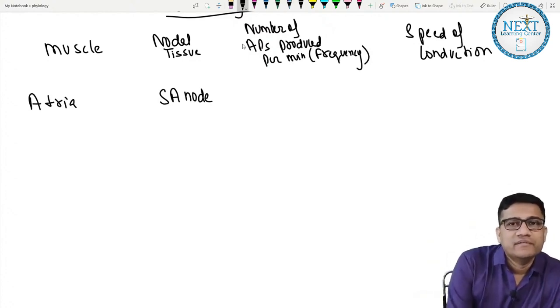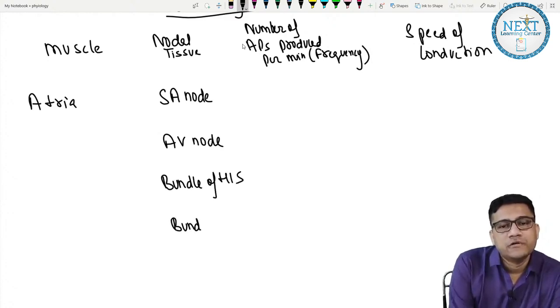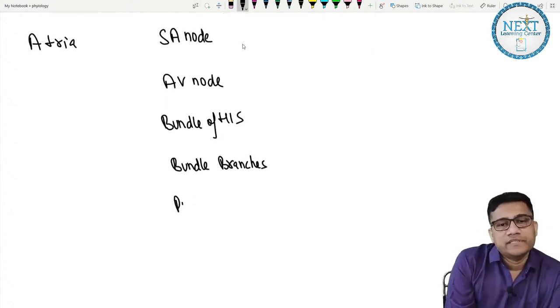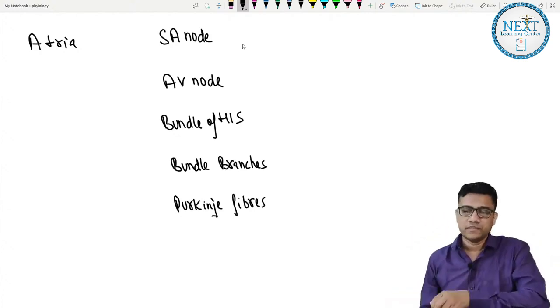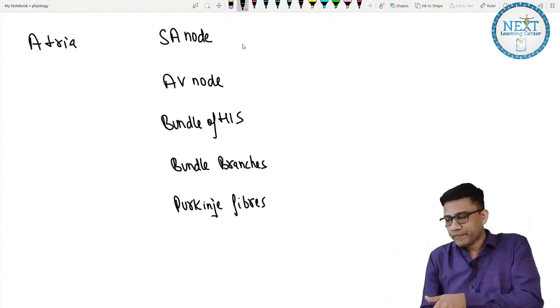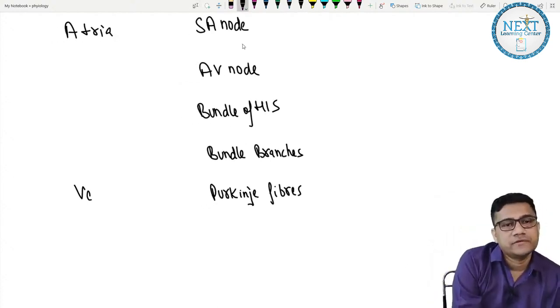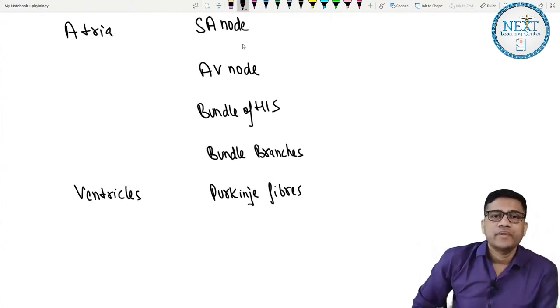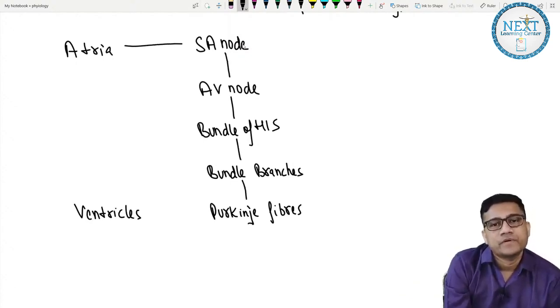Then we have the AV node, bundle of His, bundle branches, and then Purkinje fibers, then ventricles.